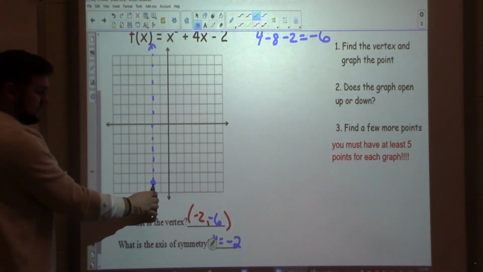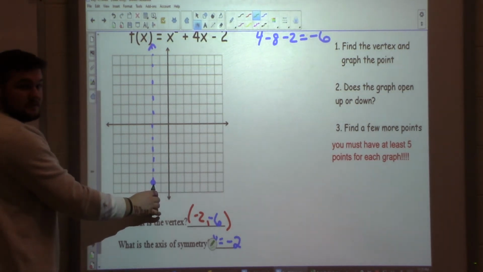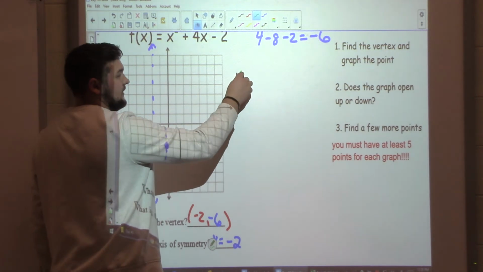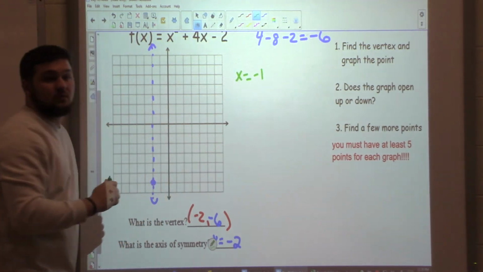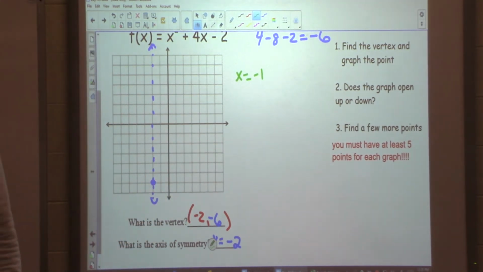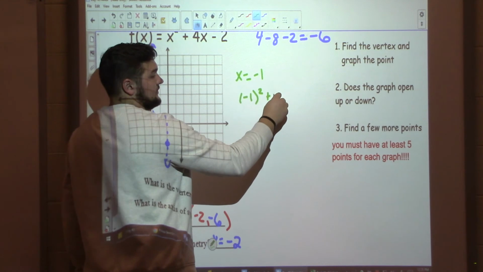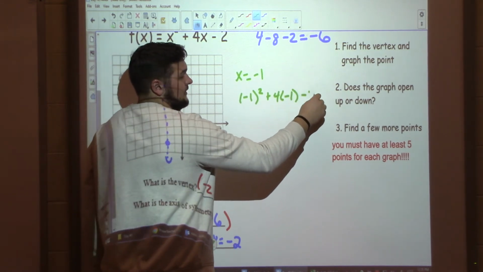If I'm here, what is my x value? Negative 2. If I go 1 to the right, what is my x value? Negative 1. So I'm going to let x equal negative 1, and I'm going to plug it back in to find out what my y value would be. So I get negative 1 squared plus 4 times negative 1 minus 2.